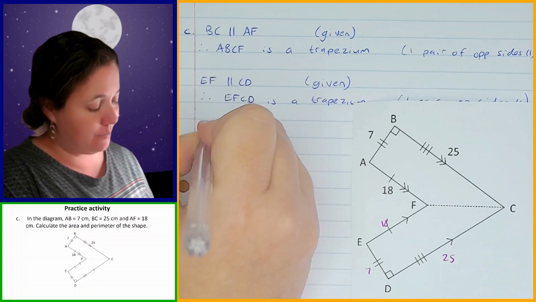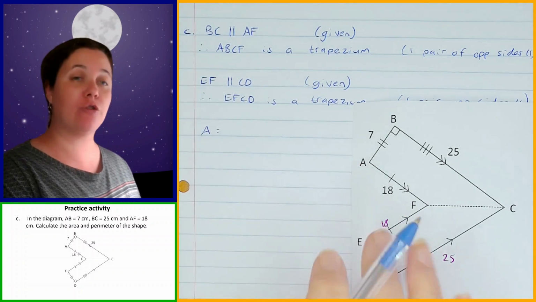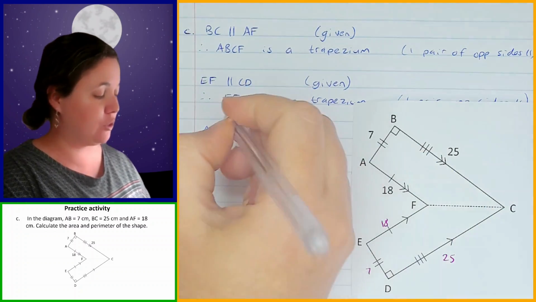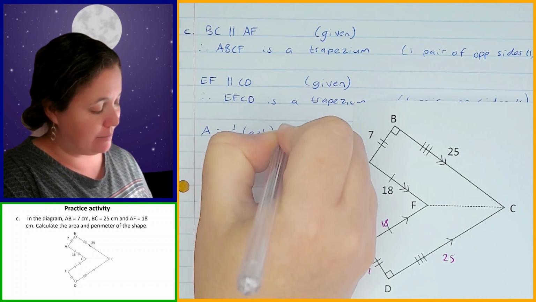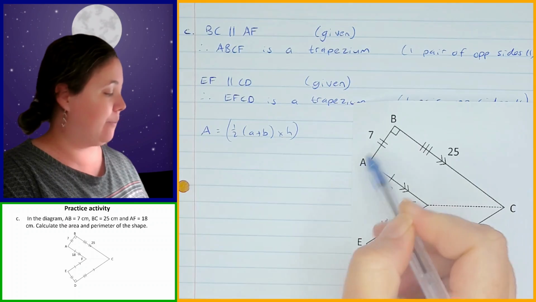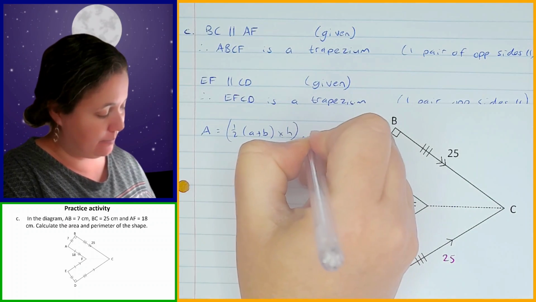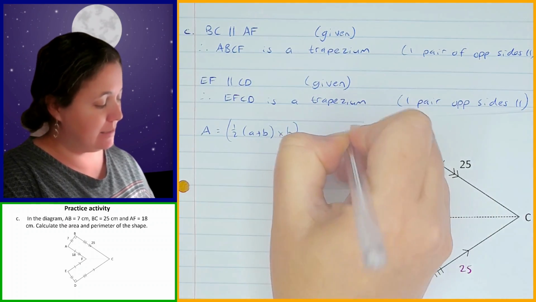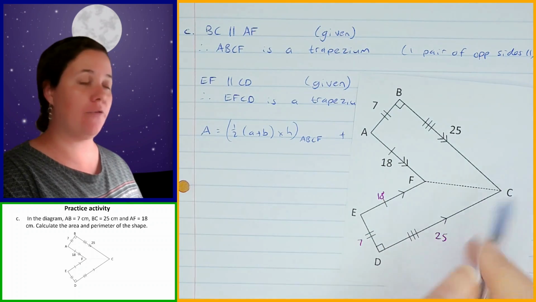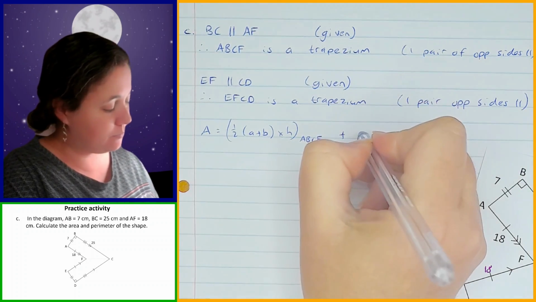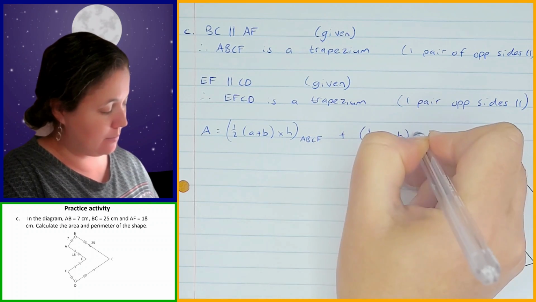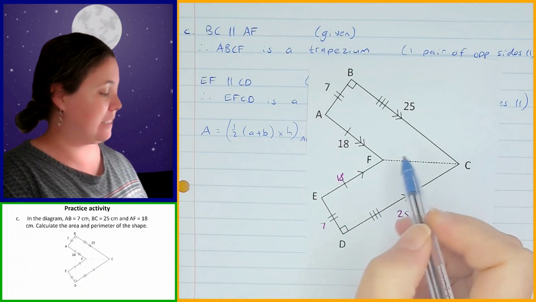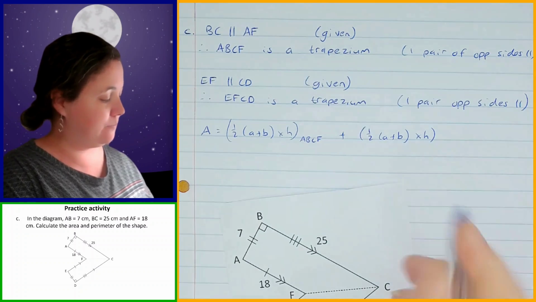And then to work out the area, I'm working with two trapeziums. So the area is going to be the area of a trapezium for this one over here. So that's half A plus B times the height for ABCF, plus this one also is half A plus B times the height, and that is for EFCD.